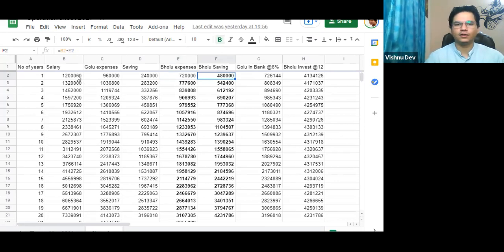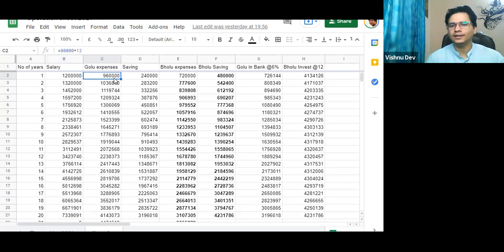Suppose the salary of a person, Golu, is 12 lakh. It is in-hand salary, which means the salary that he's getting. And his expenses are 80,000 per month, which is 9,60,000 per year.